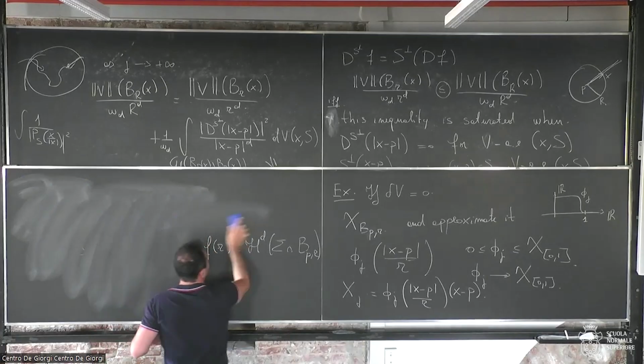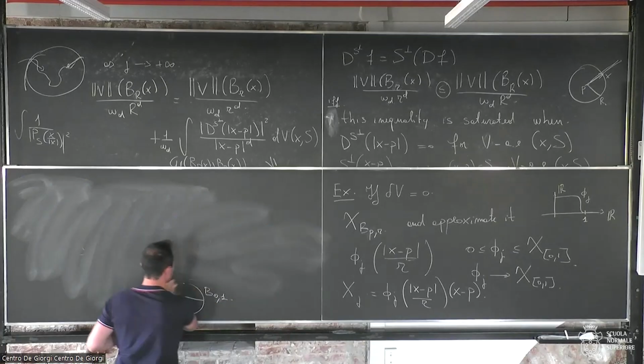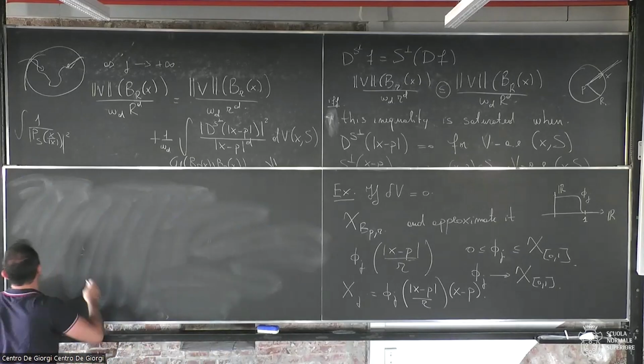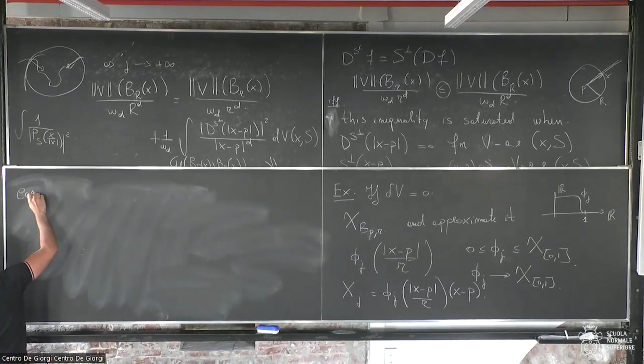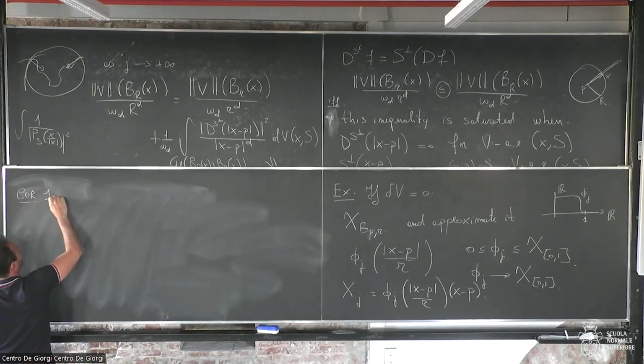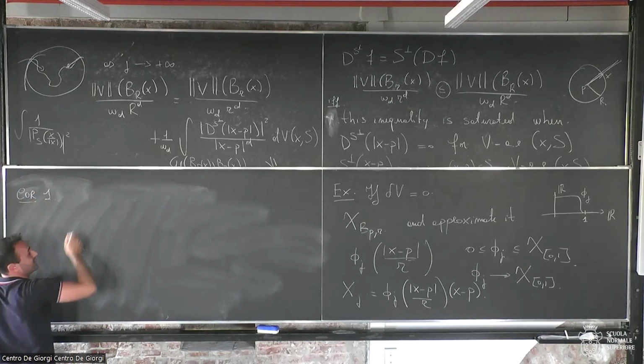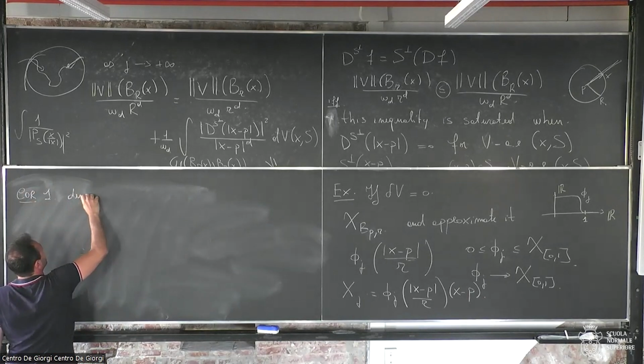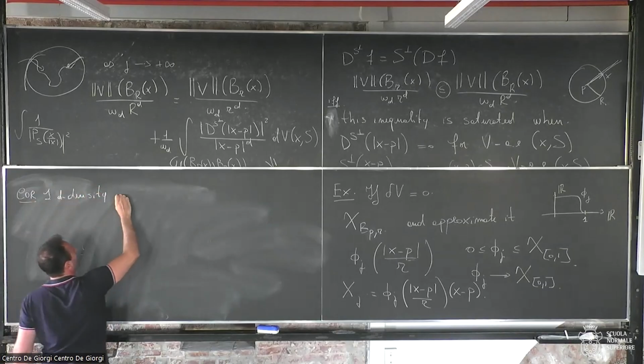So the first property that I want to mention is what I was referring to before. That is the first corollary. Corollary 1: the density exists. The density always exists.